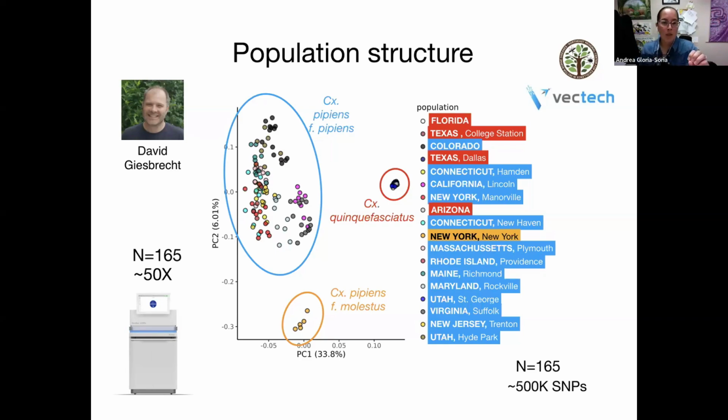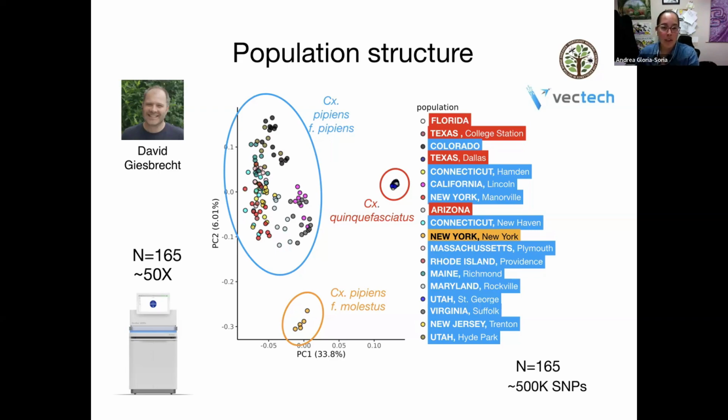Moreover, we see extensive variation within the pipiens group, and we can also see that some of these populations, in this case the pink, the gray, and the blue that are towards the middle, include Virginia, Suffolk, Virginia, we have Maryland, and we have California, Lincoln.